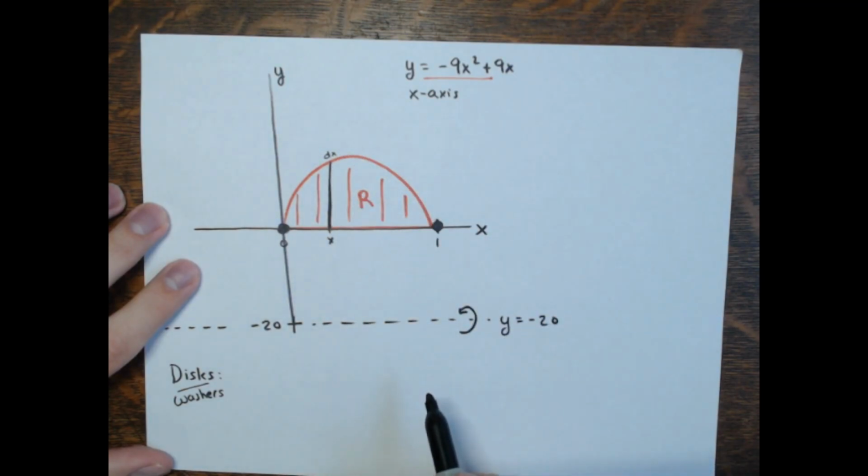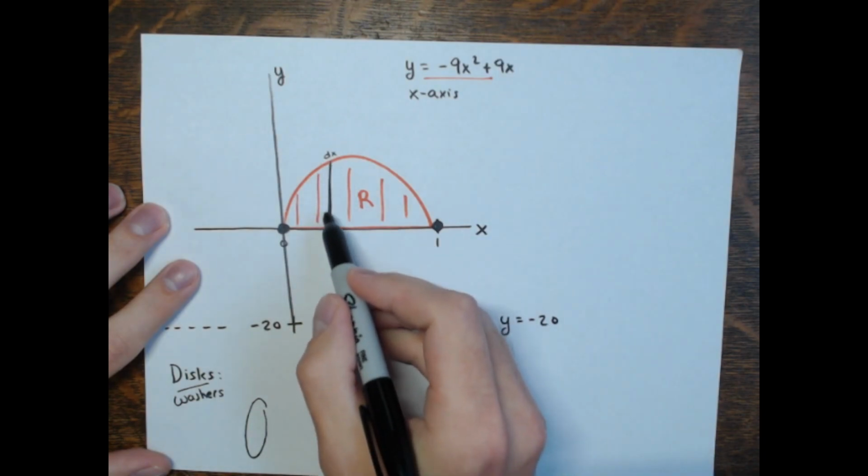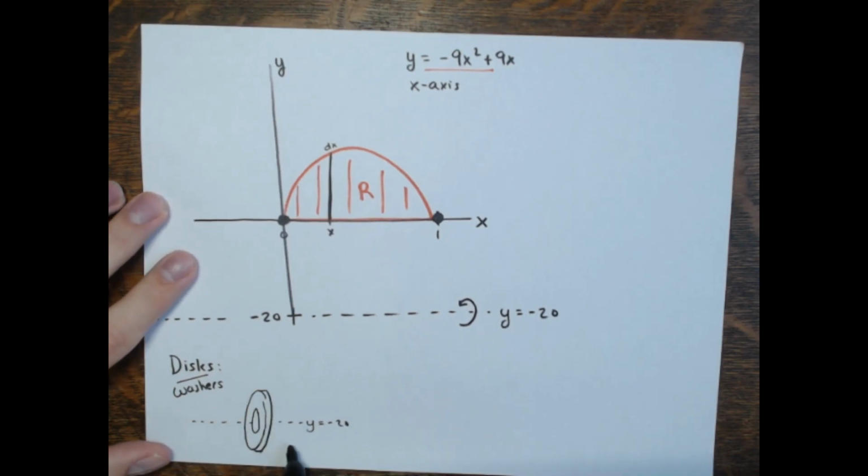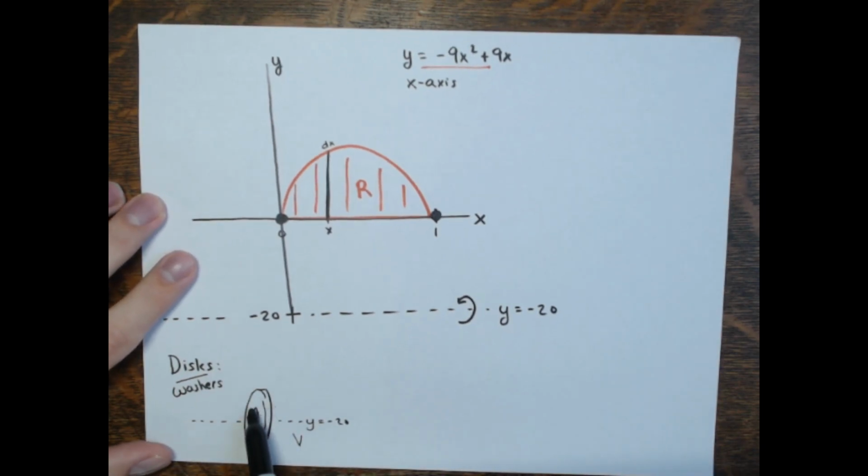Remember, washers look like this. When I rotate this thin rectangle around this line, you get a very thin coin with a hole in it. In the middle of that hole is the line we're rotating around. And for the volume of a washer, you have an inner radius, the radius of the inner circle that's cut out, and you have an outer radius. I'll call them Ri and Ro, or R0, R1.